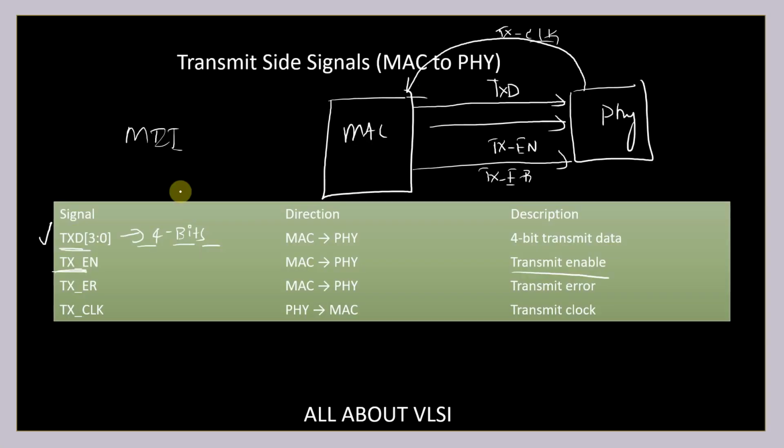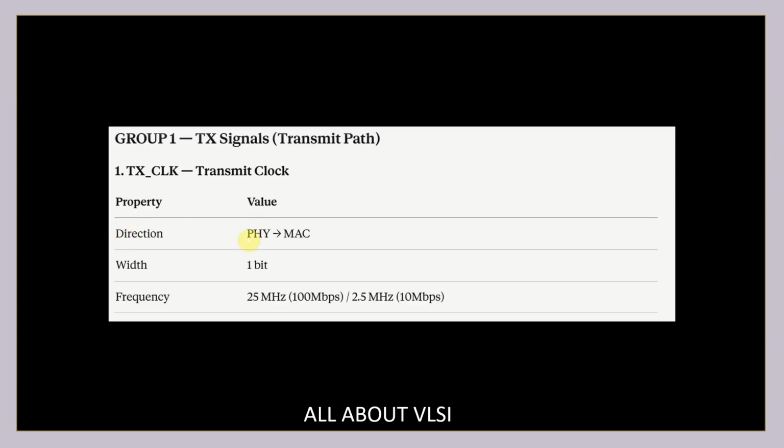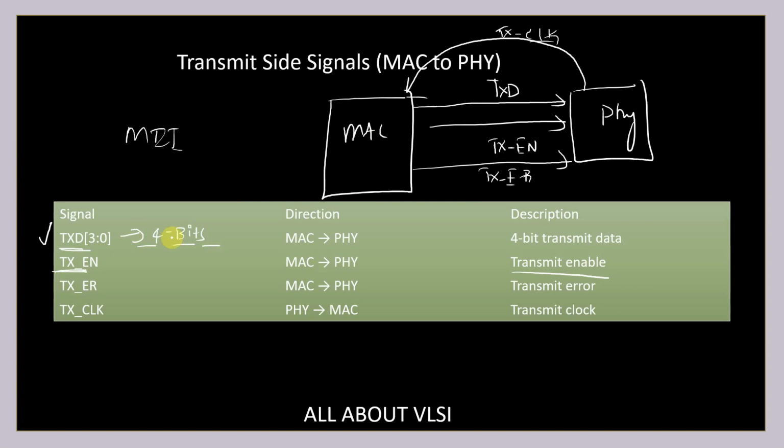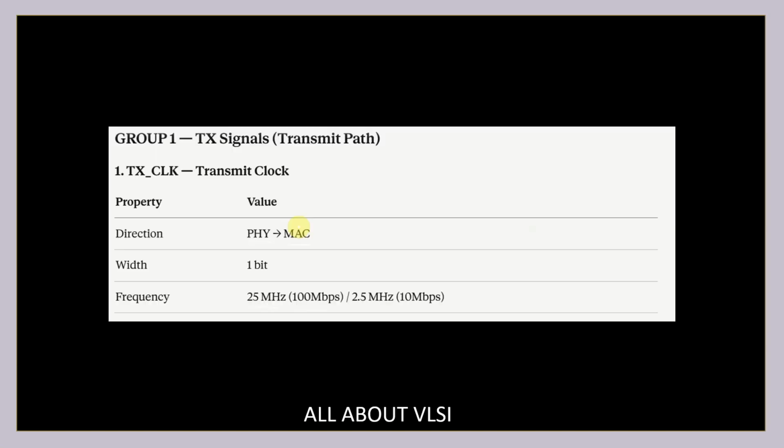TX_CLK is the transmission clock, the direction is from the physical chip to the MAC, the width is 1 bit, and the frequency can be 25 megahertz, which supports 100 megabits per second, because 25 megahertz times 4 bits of data gives 100 megabits per second, or else 2.5 megahertz, which means 10 megabits per second. We decide this accordingly.